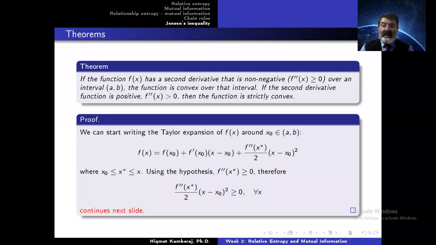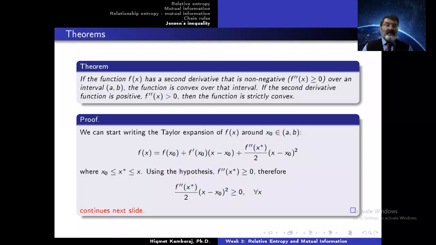If the function f of x has a second derivative that is non-negative, this means that the second derivative of f of x is greater than or equal to 0 over interval a, b, then the function is convex over that interval. If the second derivative is positive, this means that the second derivative of f of x is strictly greater than 0, then the function is strictly convex.